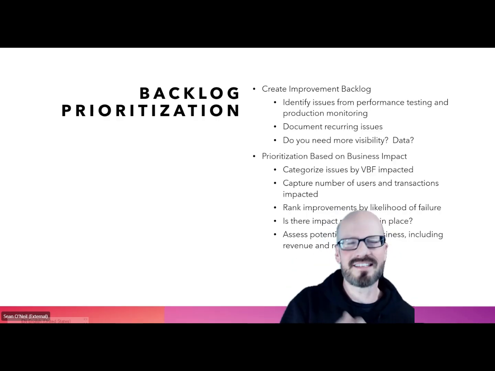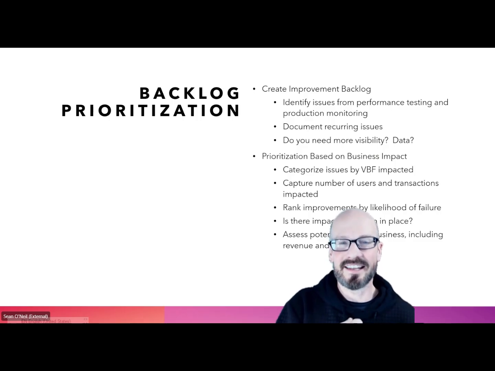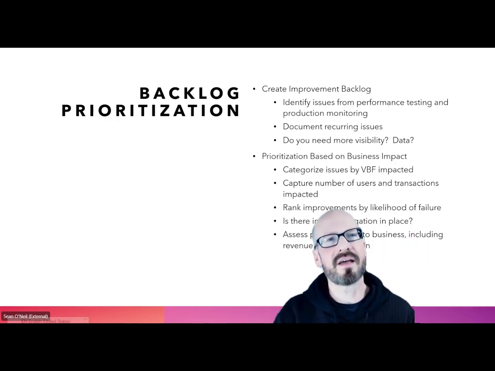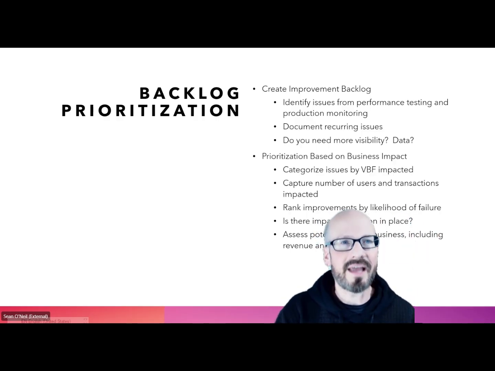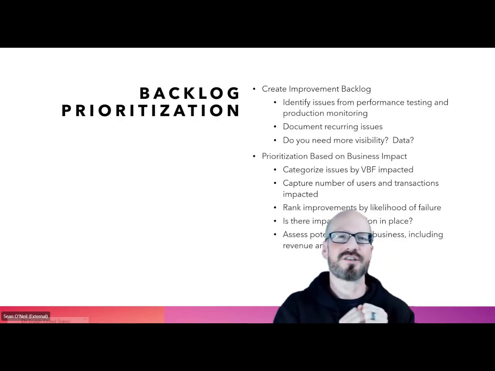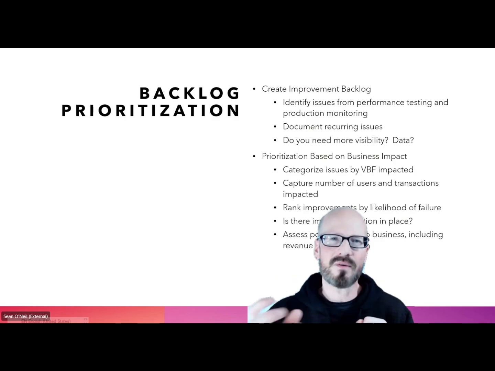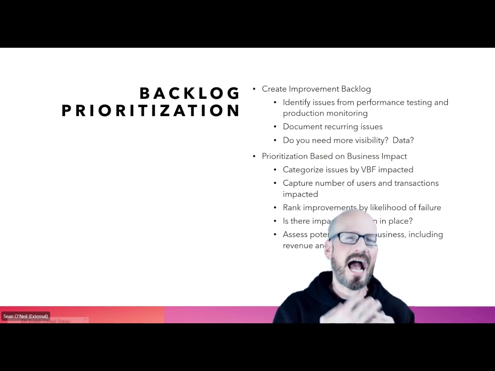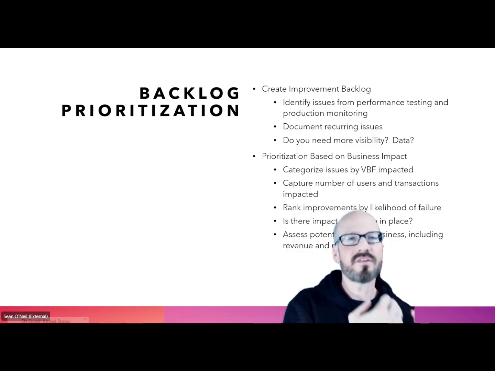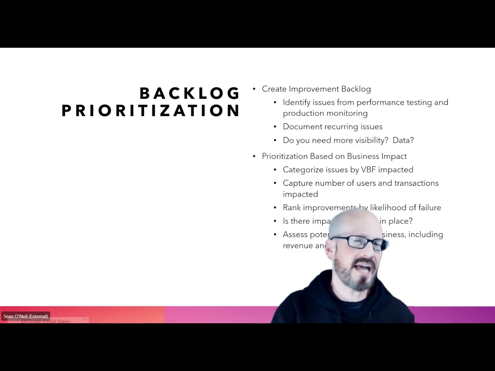You've got to have that system in a backlog that your team can evaluate. And how are you going to evaluate it? You're going to evaluate it based on your vital business functions. Did this outage that just happened, how many vital business functions were impacted? And of the vital business functions, what percentage?